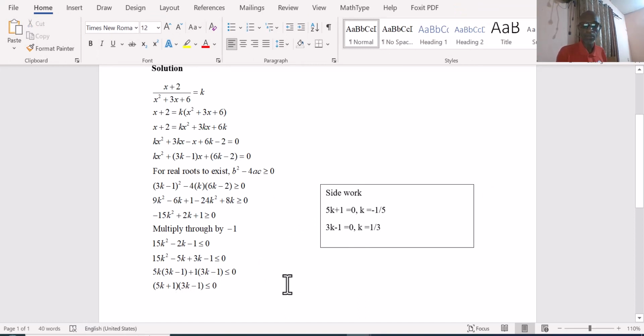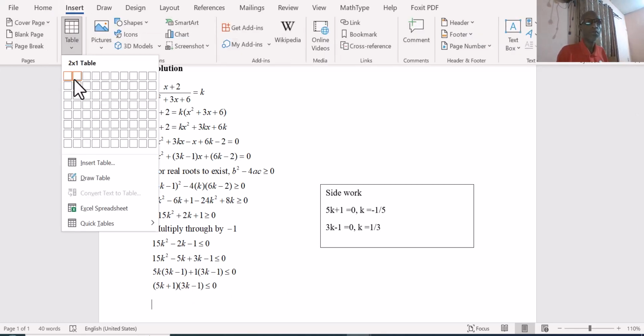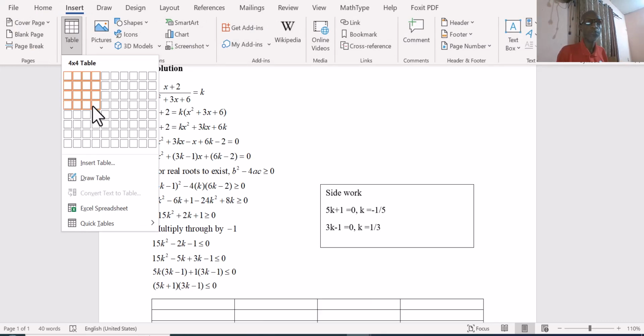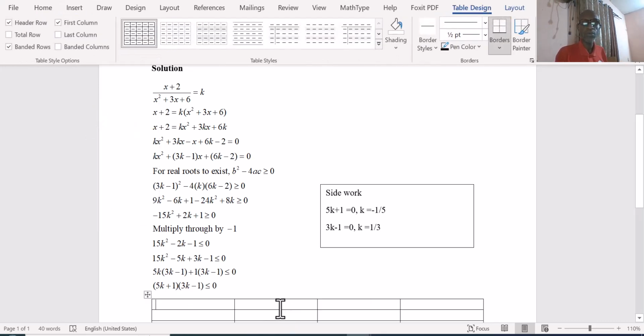So I need a table for me to know which range is valid. Among these two numbers, −1/5 and 1/3, which is the smallest? The smallest is −1/5 and the biggest is 1/3.